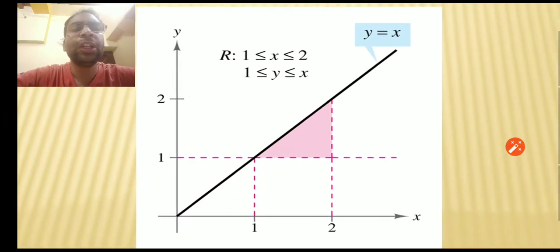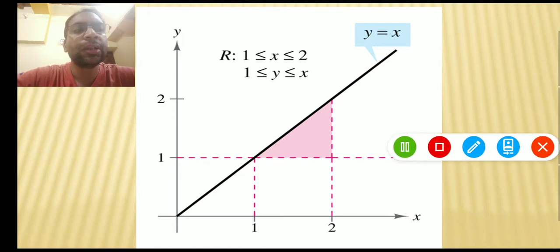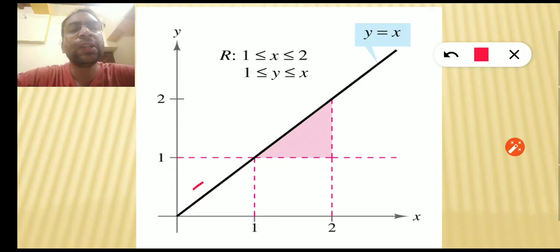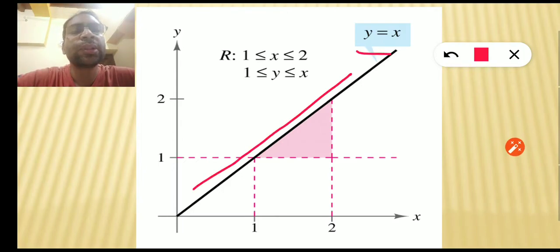Let us see, we need to find the area of this shaded part, and to find it we need to consider the two axes, x and y. Here we can see the line y is equal to x, and on the x axis the values range from 1 to 2.